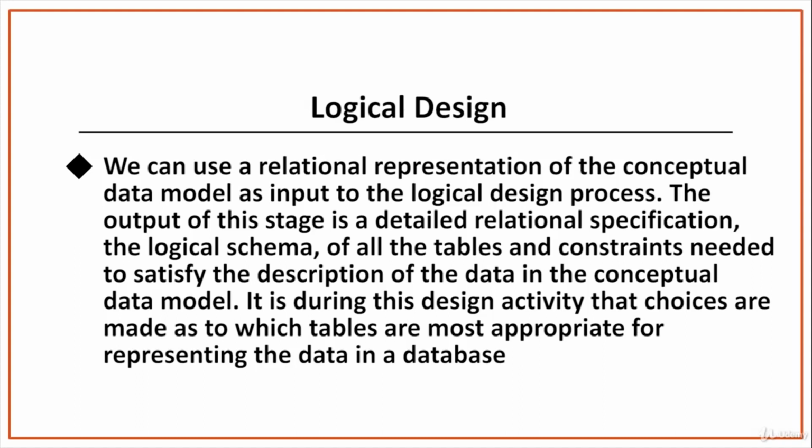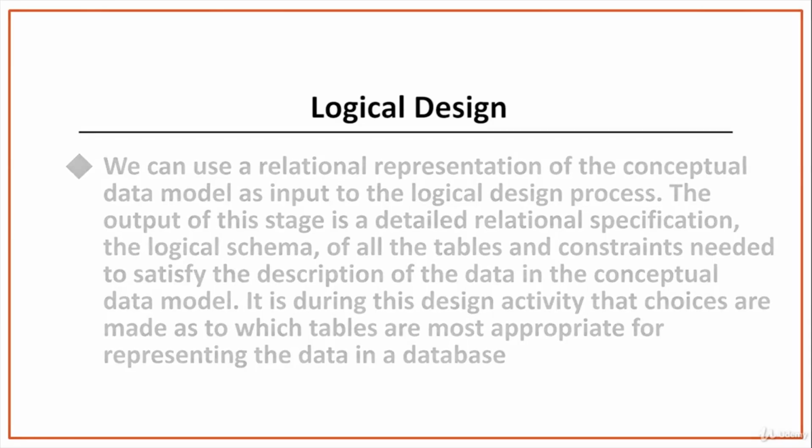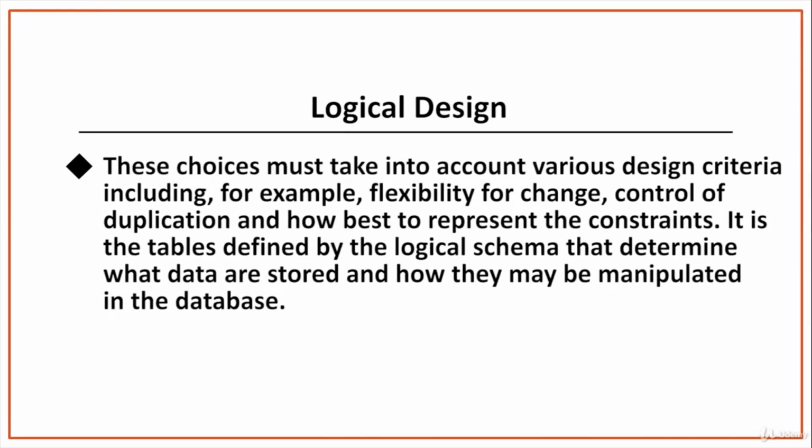It is during this design activity that choices are made as to which tables are most appropriate for representing the data in a database. These choices must take into account various design criteria, including, for example, flexibility for change, control of duplication, and how best to represent the constraints.